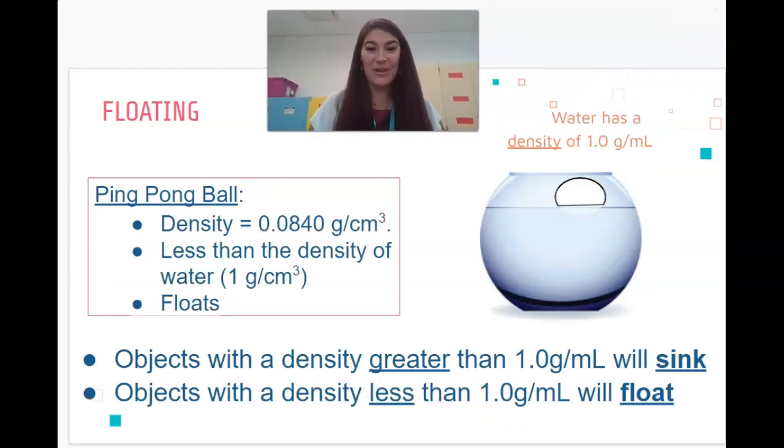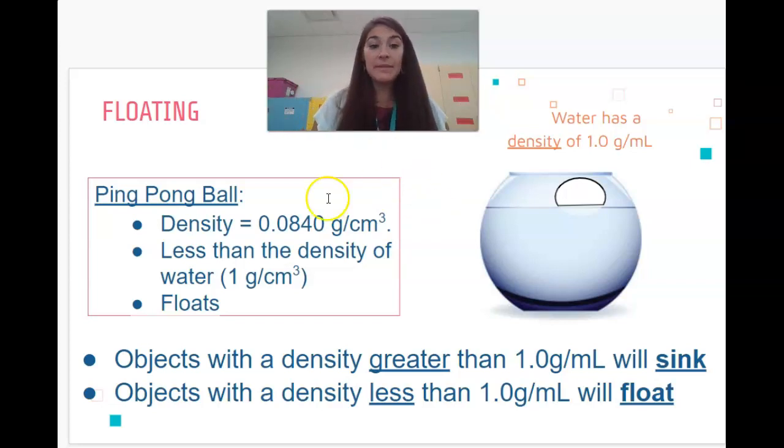All right, so here we go. I have a ping pong ball. I am telling you that the density of that ping pong ball is 0.0840 grams per centimeter cubed. Again, we know that the density of water is 1. And so, because the density of our ping pong ball is less than the density of the water, the ping pong ball is going to float.